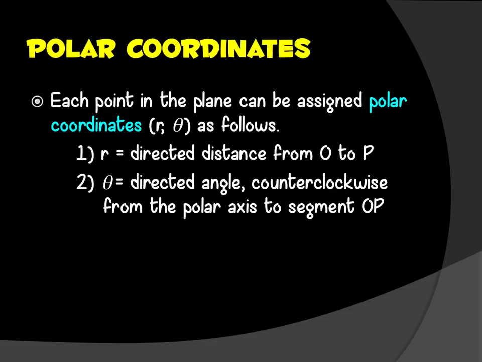So each point in the plane can be assigned polar coordinates. They are in parentheses just like your x and y coordinates, but the first number represents the directed distance, or that radius. And the second number represents the angle that would be drawn from your polar axis up to that ray.